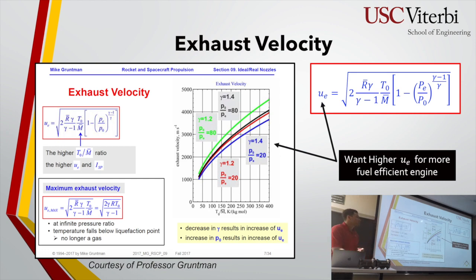For the combustion chamber, you could think of it as a reservoir. The speed that the products are moving in the combustion chamber is peanuts compared to what's coming out of the nozzle. So essentially you could assume that the velocity in the chamber is 0. It's very, very close to 0.